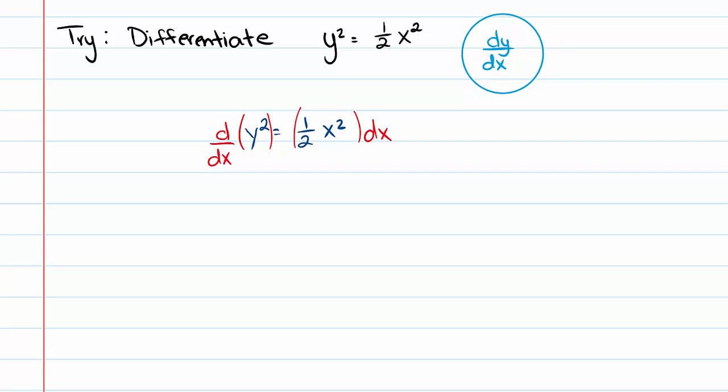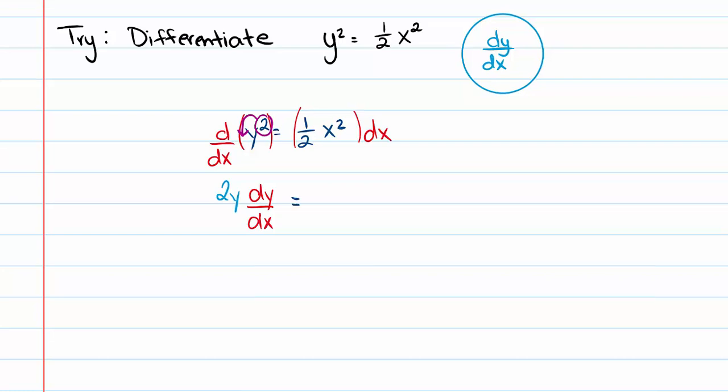The left side of the equation simply becomes 2y dy/dx. Remember the chain rule here. This 2 comes down to the front of the y, and you subtract one from the exponent, times the derivative of the inside piece. So we're taking the derivative of the outside times the derivative of the inside.